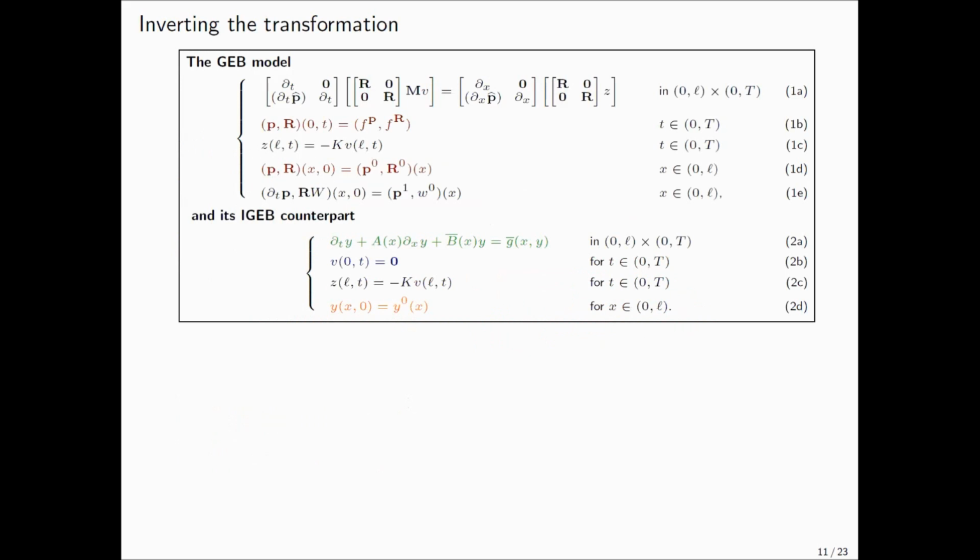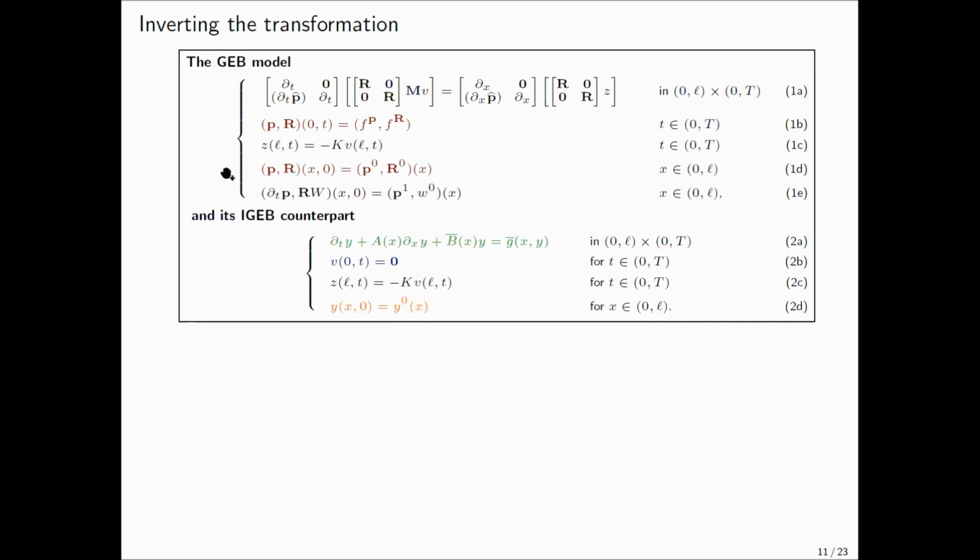I will take as an example just the case of a single beam, but we could also work with networks with a few more arguments. So here we take one beam, which is clamped at x equals 0. And at x equals L, we apply some feedback control, but we could take a beam which is free at x equals L. It does not matter here.